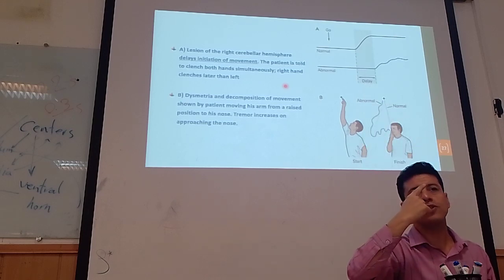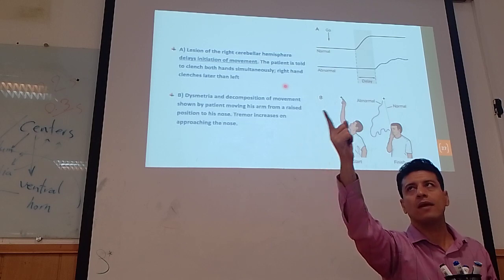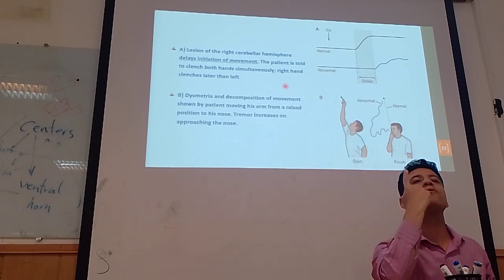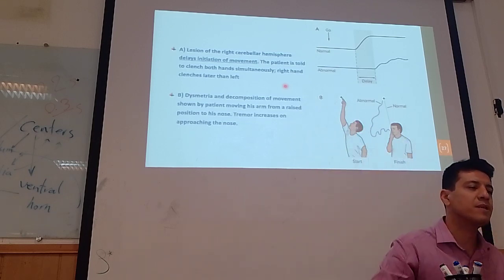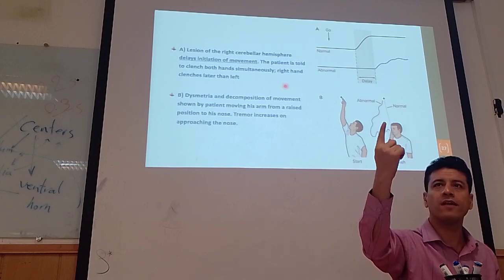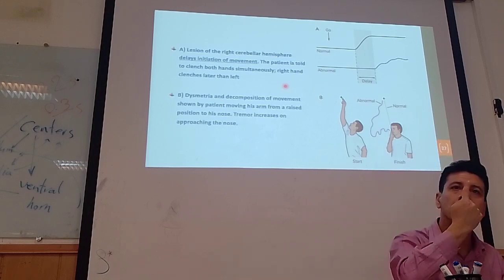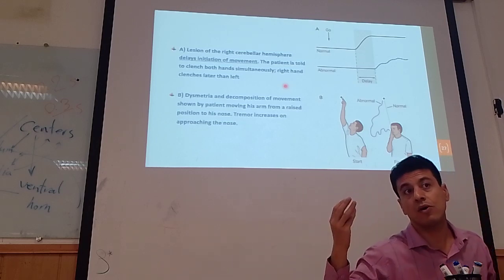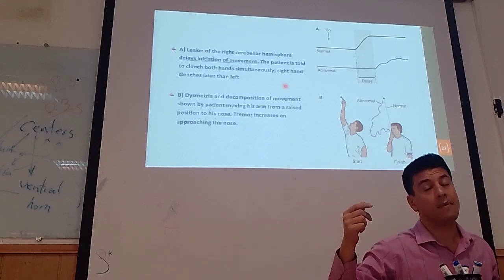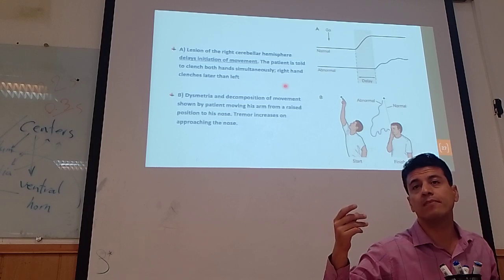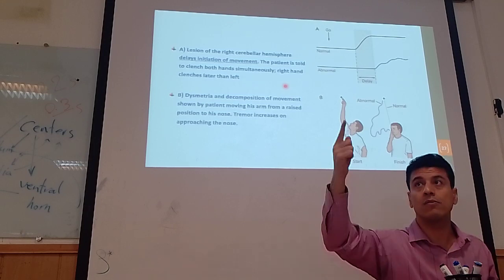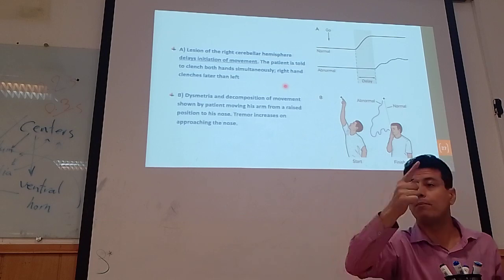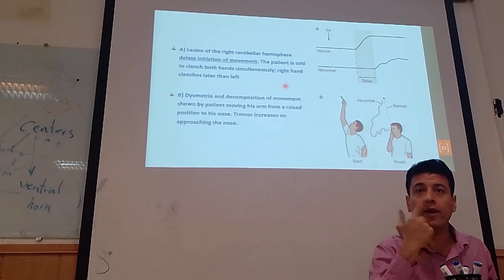But a patient with damage to the cerebellum may have problems putting the hand to the nose, especially when the finger gets closer to the nose. This is called dysmetria, and also decomposition of movement. So movement is decomposed instead of being direct.